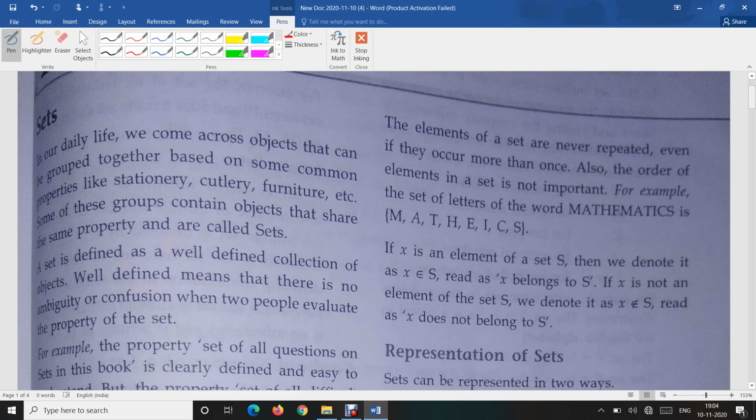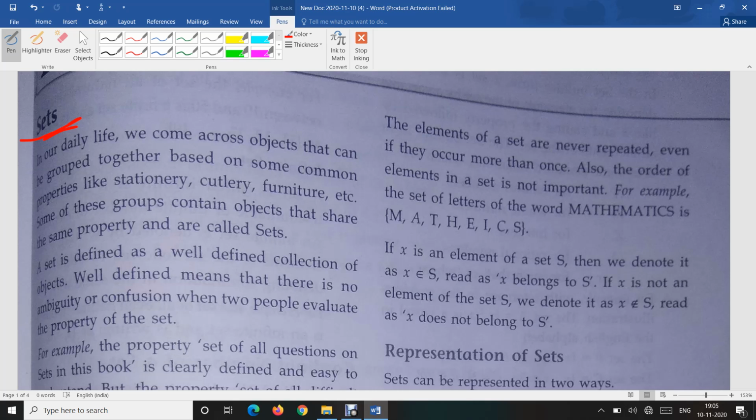You can also define a set as a collection of well defined objects.